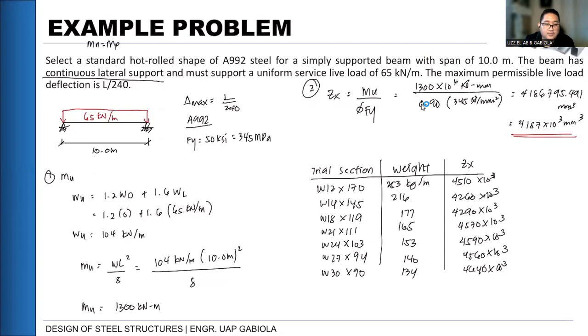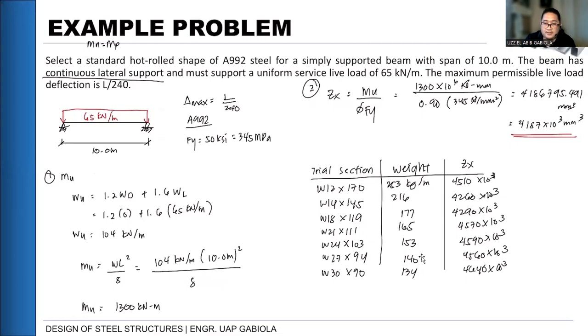Kapag yung ZX actual natin is less than doon sa section, okay tayo. Okay. Yun pala. Okay, wait lang.